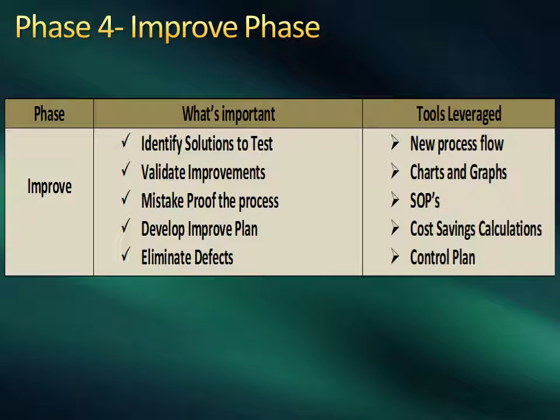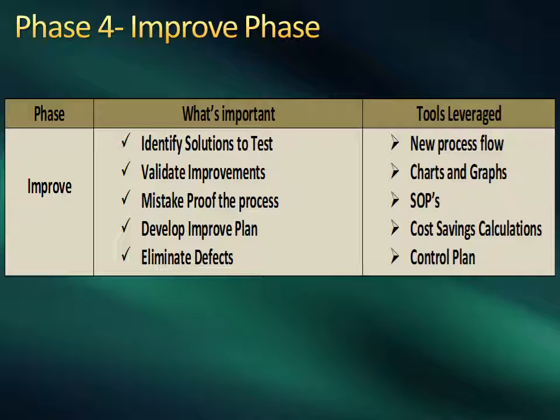Okay, so phase 4, the improve phase. This is really the money phase of the whole Six Sigma process. This is really where you generate the solutions based on the metrics that you've acquired from the earlier phases. And then basically look to identify where the process can be improved on, right?